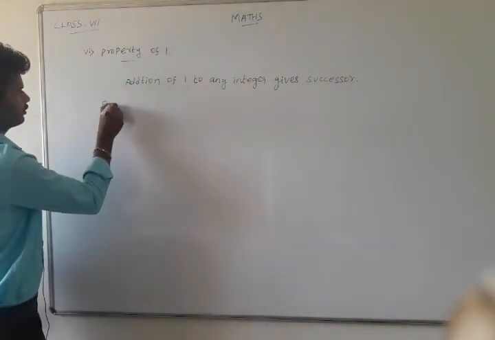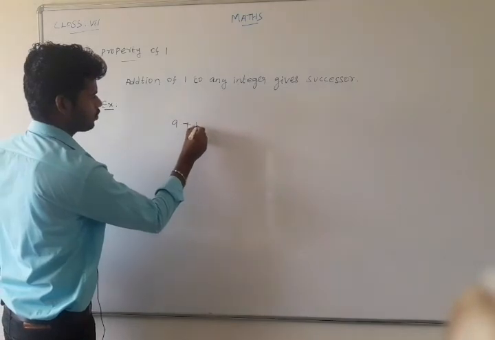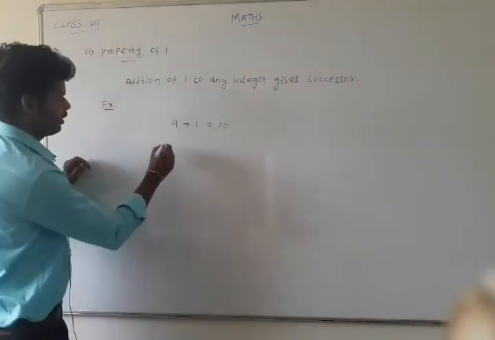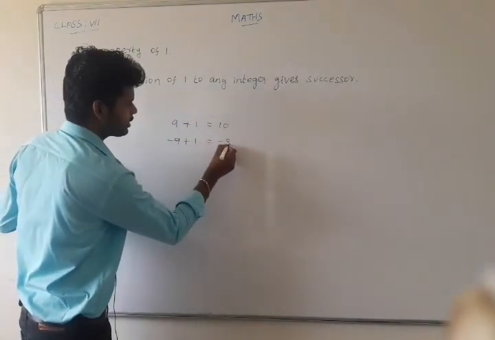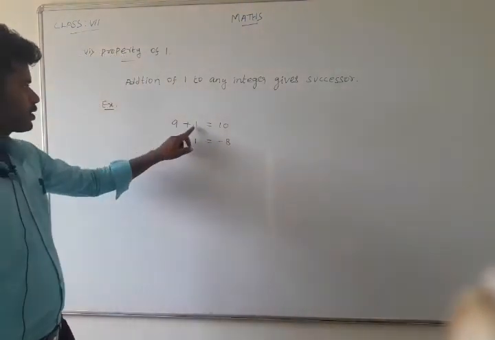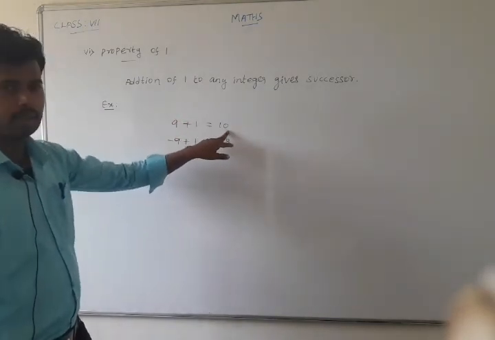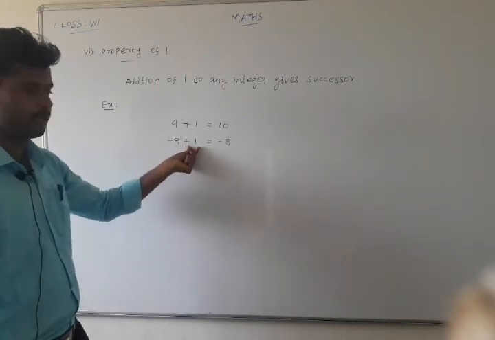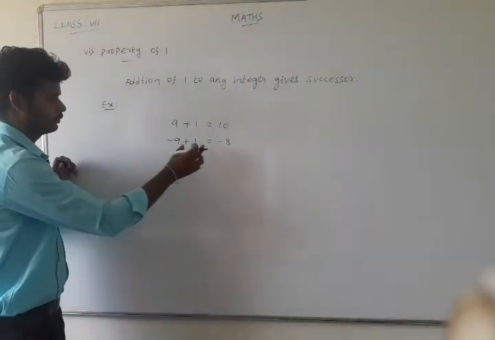Example, 9 plus 1 equal to 10. Minus 9 plus 1 equal to minus 8. 9 plus 1, both are positive integers, so 9 plus 1 equal to 10. Here minus 9 plus 1, here minus 9 is there, here plus 1 is there, so here minus 8.